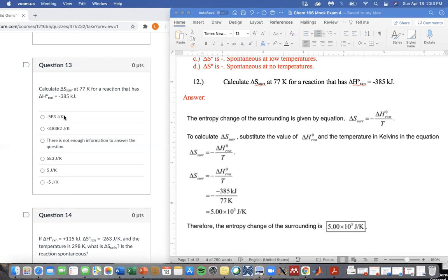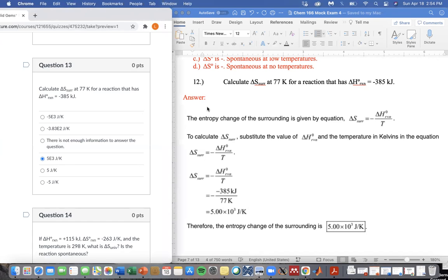But that should be reflected in the labels of the answer choices as well. And so when you do negative 385 divided by 77, so it'll give you 5 times 10 to the third joules per Kelvin. And so the correct answer is going to be 5 times 10 to the third.